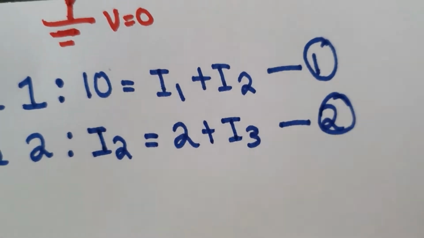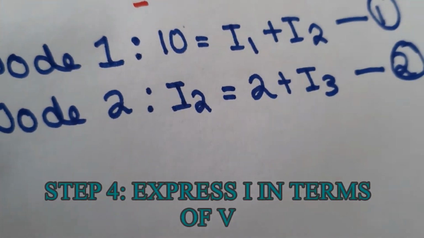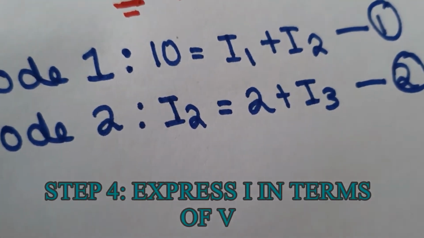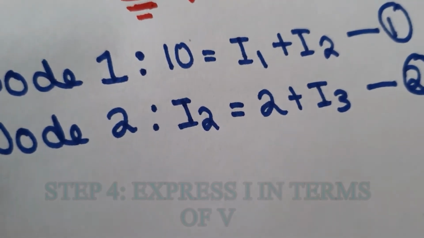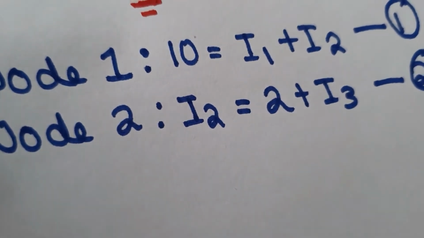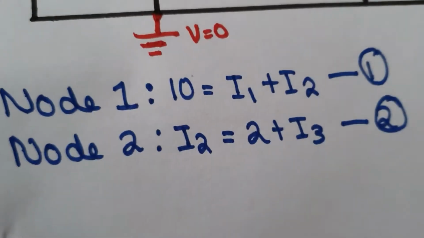That's our second equation. In the next step, we need to find I1, I2 and I3 in terms of V1 and V2, because we have to find V1 and V2.